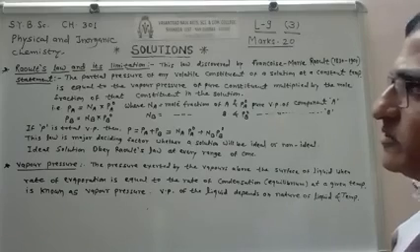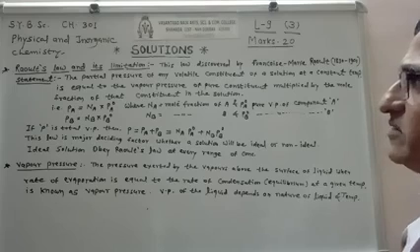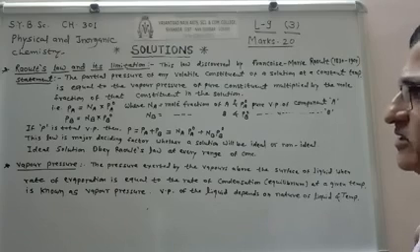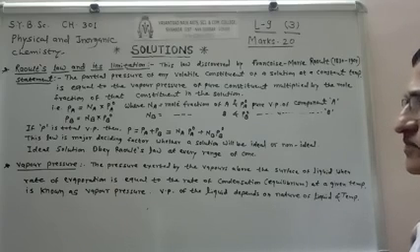The statement for this law is: the partial pressure of any volatile constituent of a solution at a constant temperature is equal to the vapor pressure of the pure constituent multiplied by the mole fraction of that constituent in the solution.